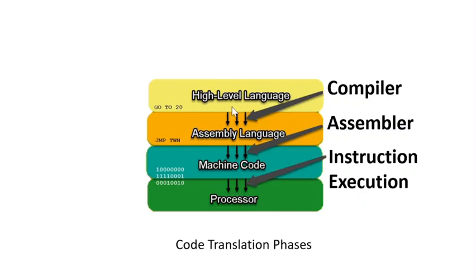Before it is executed by the processor, since most programs are written in high-level languages, we need to convert it as much as possible into, let's say, assembly language, or use a compiler to convert it one level down, and then if needed, an assembler to convert it into machine code or binary. Those are the instructions we send to the processor for execution. Okay? So that is what a program goes through before it is executed by the processor.